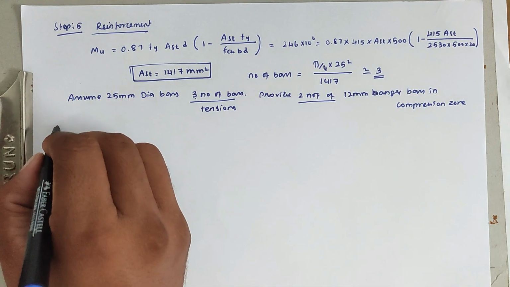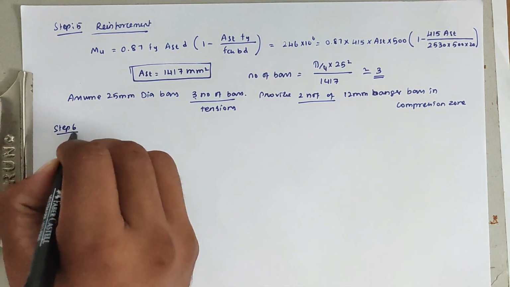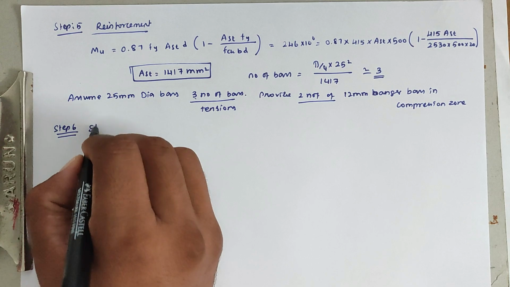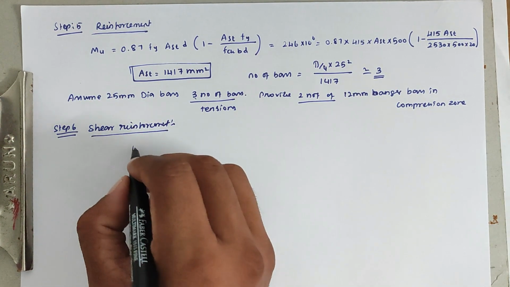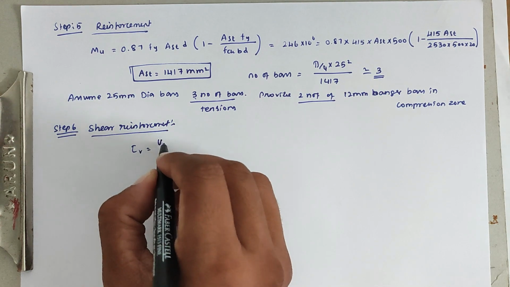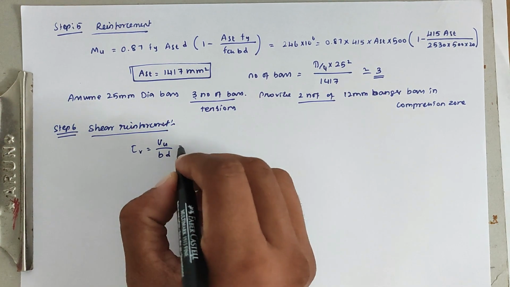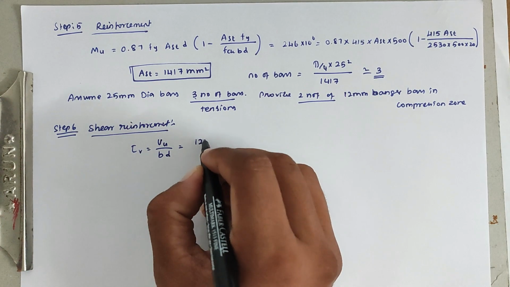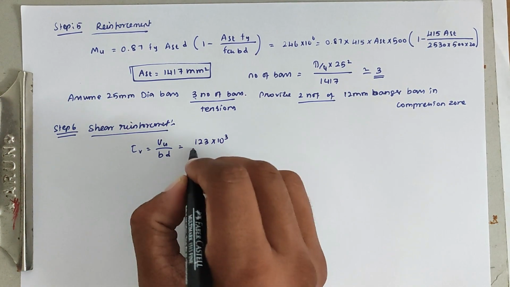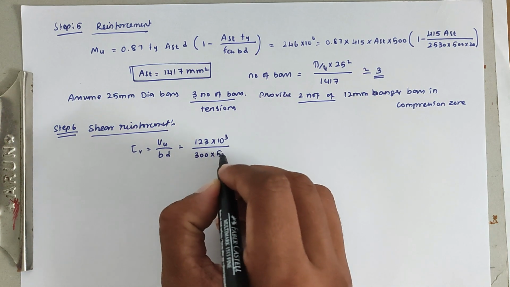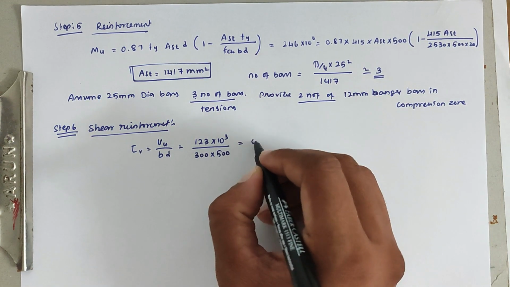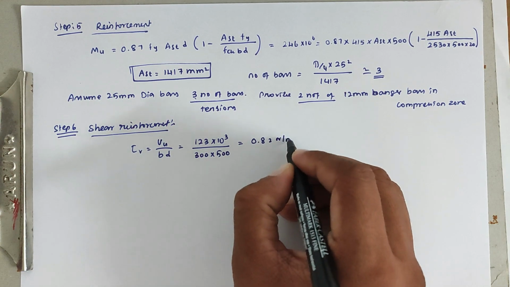Next thing is step 6, check for shear, that is shear reinforcement. Shear stress tau V equal to Vu by B into D. Vu is 123 into 10 power 3, and B into D is 300 into 500. So we got the value of 0.82 Newton per mm square.